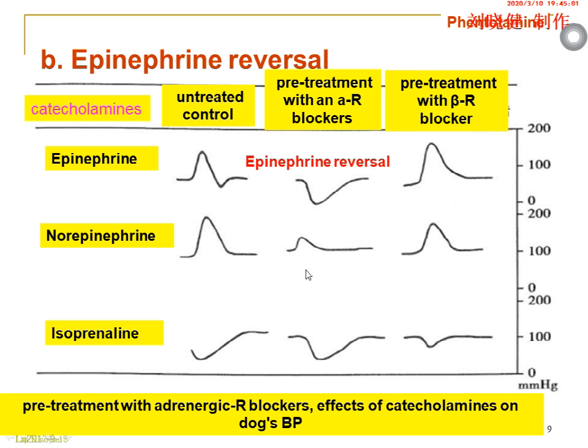So when we use pre-treatment with this alpha receptor blocker, and then administer the same dose of epinephrine as used alone, the blood pressure change still maintains a little increase. Because now epinephrine not only activates alpha receptor, it can also activate the beta-1 receptor.